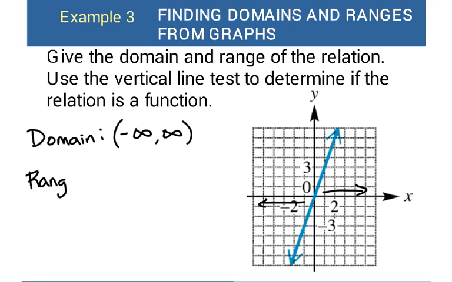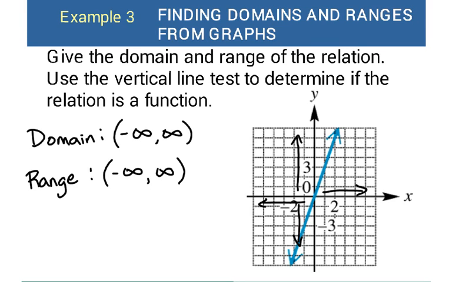Now let's look at the range. Same goes for the range. The y values go forever up and forever down. So all real numbers for that one too. So negative infinity to infinity are both the domain and range. And for every x value, there is a different y value.